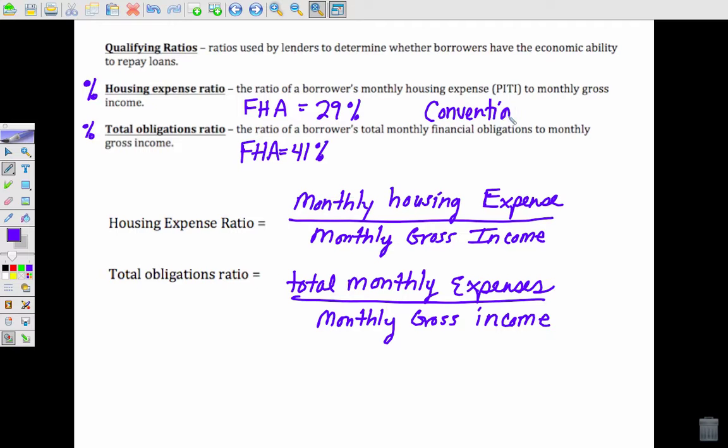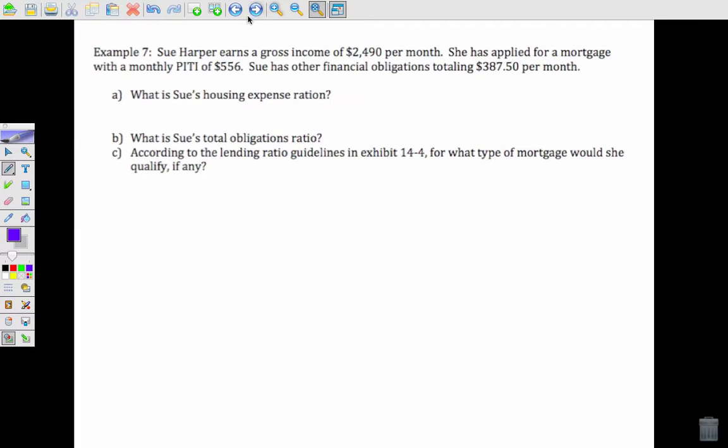Conventional is a little more strict. The conventional housing expense ratio is 28%. And for the total obligations, again a little more difficult, 36%. If your obligations are within 36% of your income, then you could do a conventional loan.